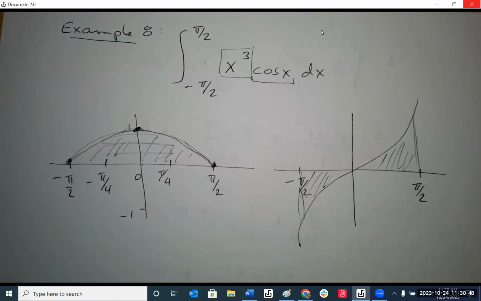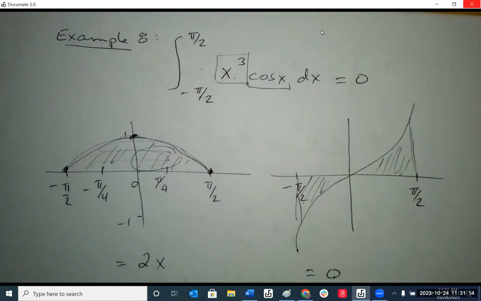So this area is 0. This area is twice whatever that is. So when we multiply them, 0 times anything is 0.